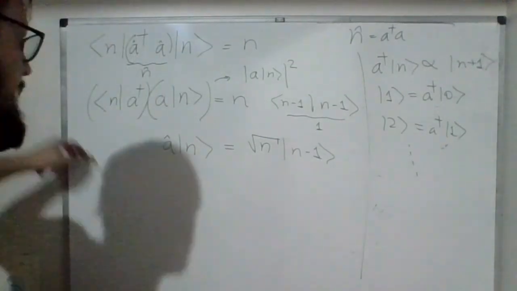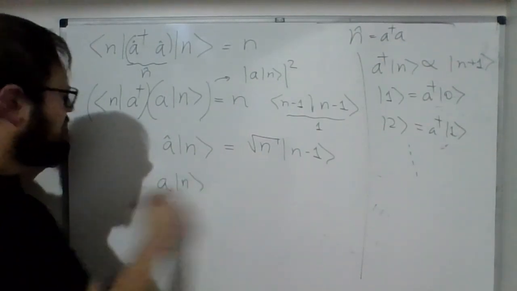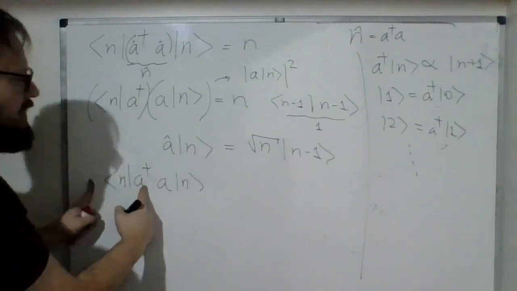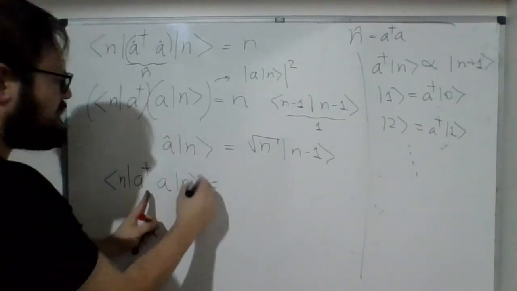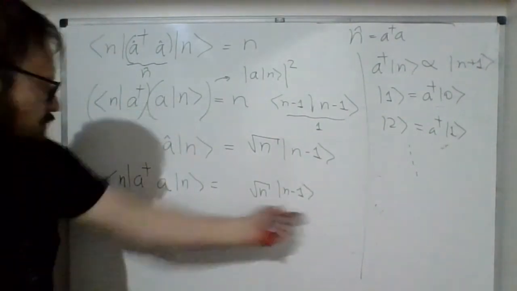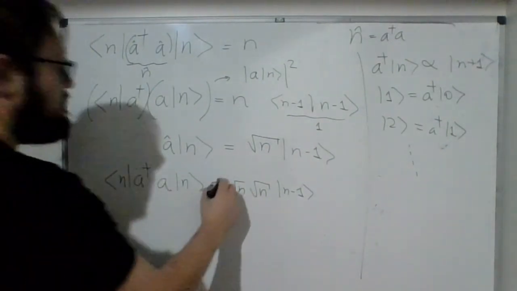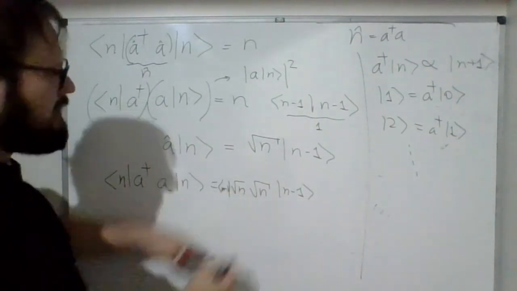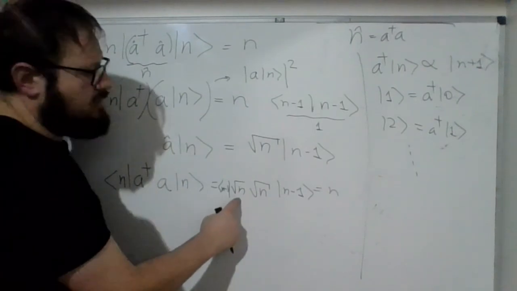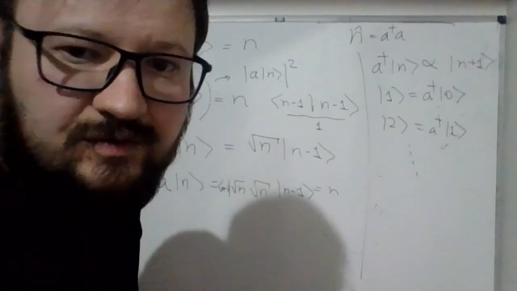All right, you can do the math. So A times n, A dagger times n to the left, because this is the bra, this is the ket, corresponds to square root of n times n minus 1 when acting there, and square root of n when acting to the left, n minus 1, and this is just n, because this state is normalized. Square root of n times square root of n gives n, which is the necessary result.